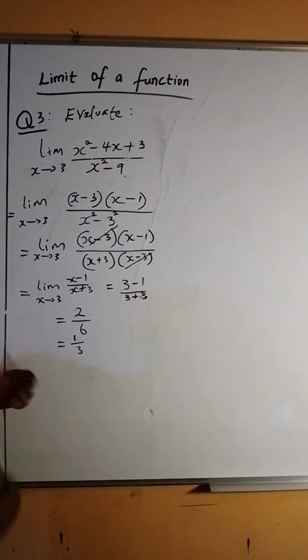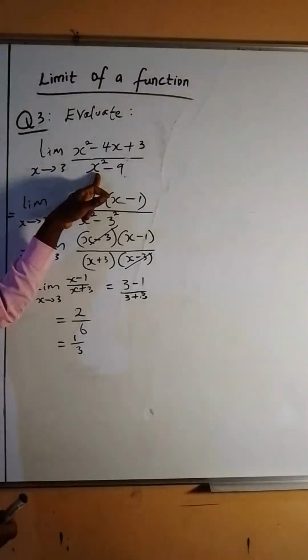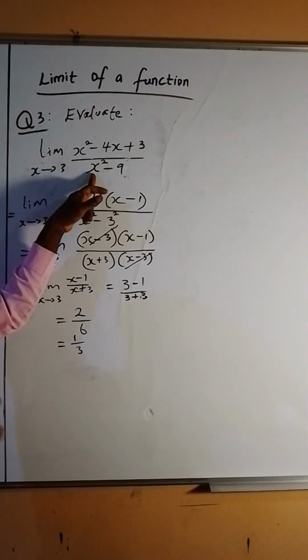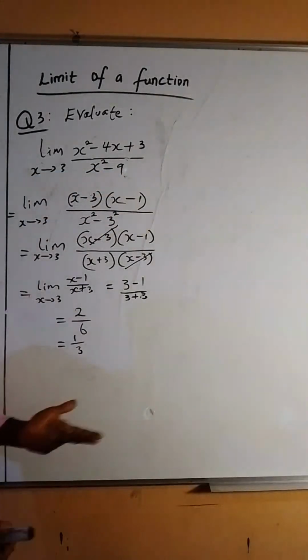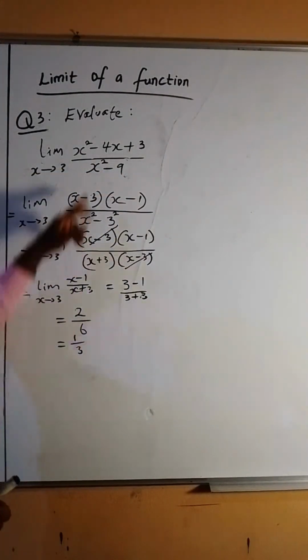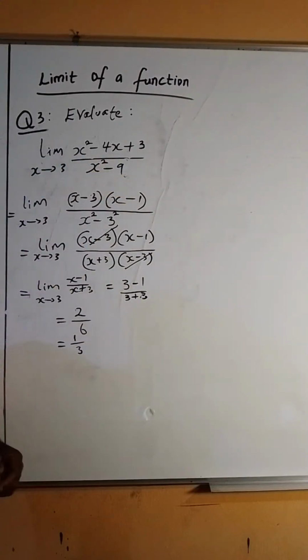If we substitute right now, 3 squared gives us 9, and 9 minus 9 gives us 0. It is wrong to have 0 at the numerator, because that will make the expression meaningless, and the limit of a function has a meaning.